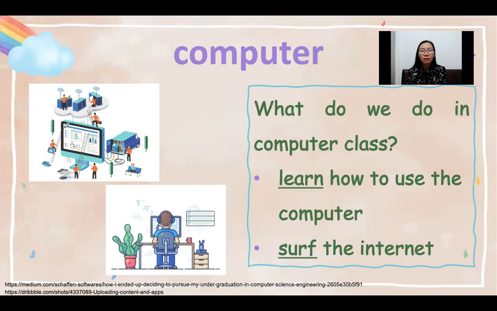Surf the internet means we search the internet, or we search YouTube, that is surfing the internet. We search Google, that is surfing the internet. Again, what is this subject? Computer. What do we do in computer class? Learn how to use the computer and surf the internet.